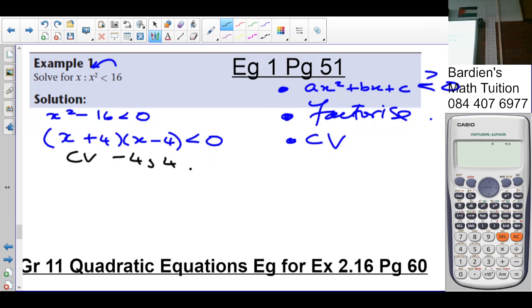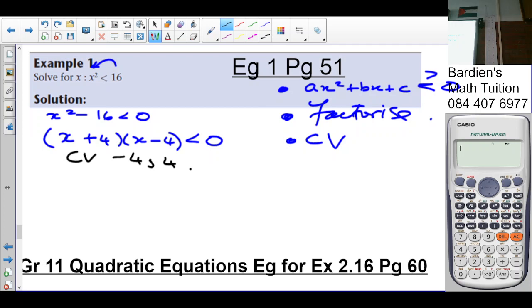Now note here that I don't say x is equal to minus 4 and x is equal to 4. Why? Because by saying that, I'm saying that those are the solutions. So at this point, you're always going to see me write the critical values.